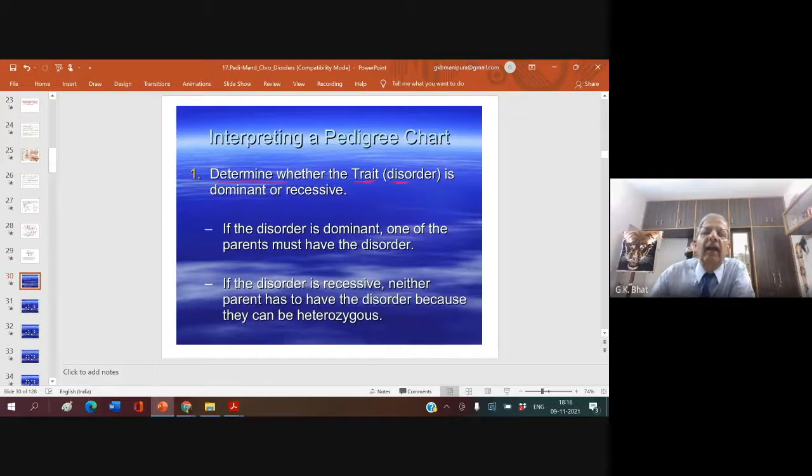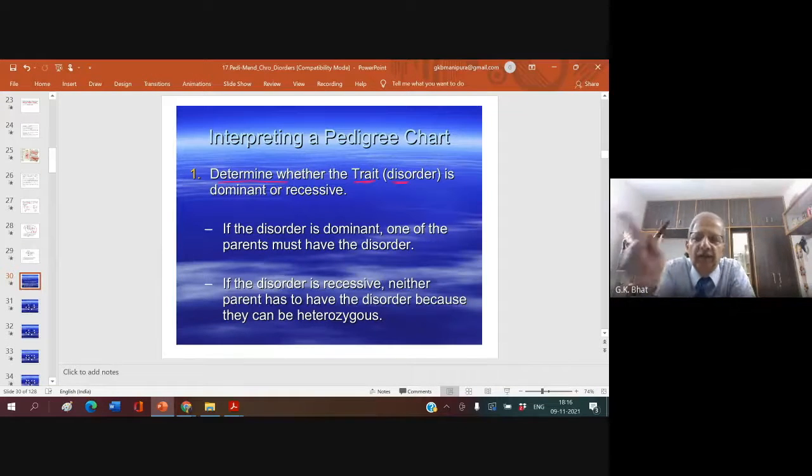Trait means any character. Can you differentiate between a trait and a disorder? Give me one example for trait and one for disorder. Having six digits in the hand is a trait.